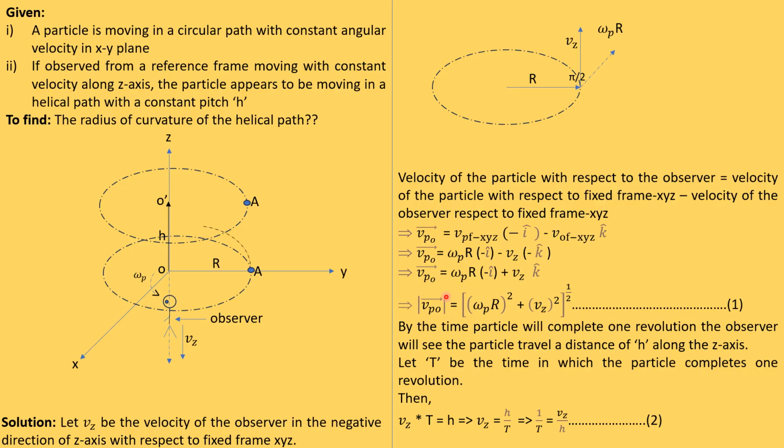If we take the magnitude of the velocity of particle with respect to observer, we will get equation 1: the square root of (omega p into r) whole square plus vz whole square.